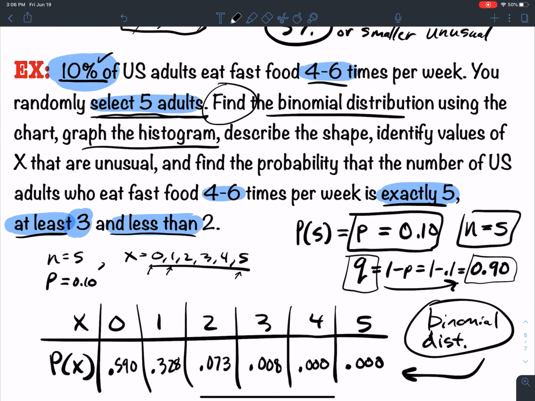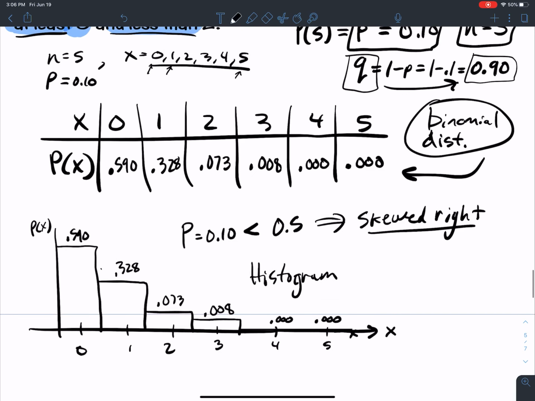Okay. Describe the shape. It's skewed right. Identify values that are unusual. Do we have any unusual values? Unusual is 5% or less. Do we have anything that's less than 0.050? Well, it looks like this one, and this one.